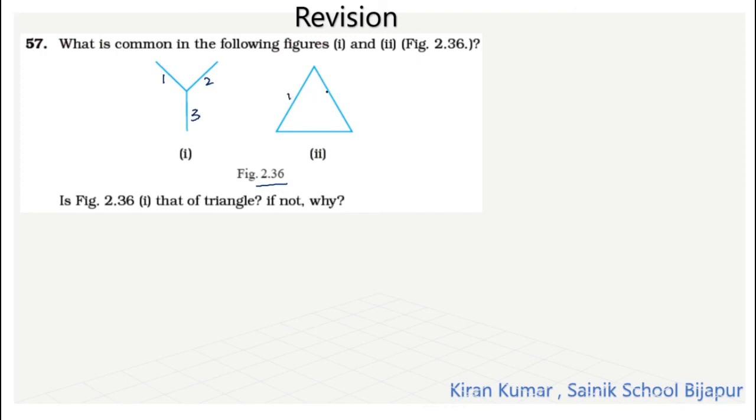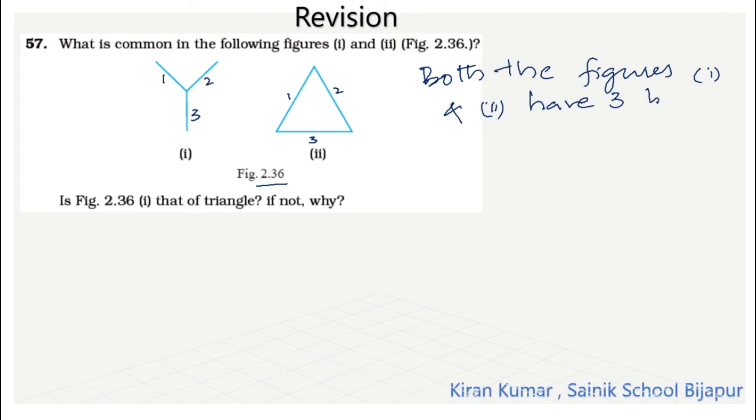In this case also we have got 3 line segments. So the common thing which is there in both the figures, figure 1 and figure 2 have 3 line segments. This is the common thing which is present in both the figures.